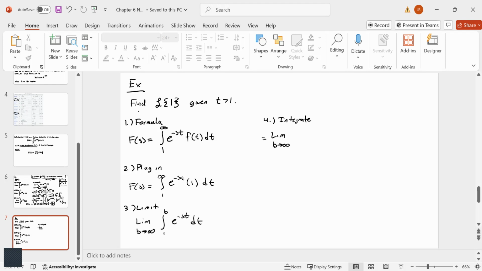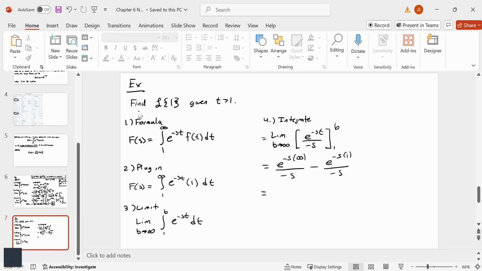So e to the negative st becomes e to the negative st divided by negative s from 1 to b. And here I end up getting e to the negative s times infinity over negative s minus e to the negative s times 1 over negative s, like that.